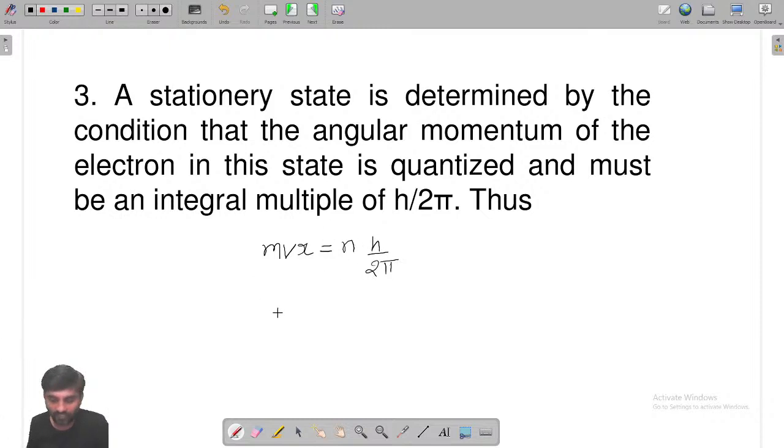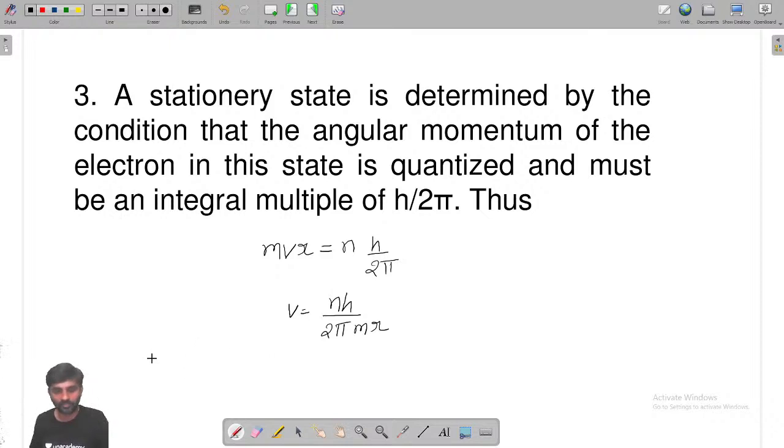So from this we can write v is equal to n h by 2 pi m r.